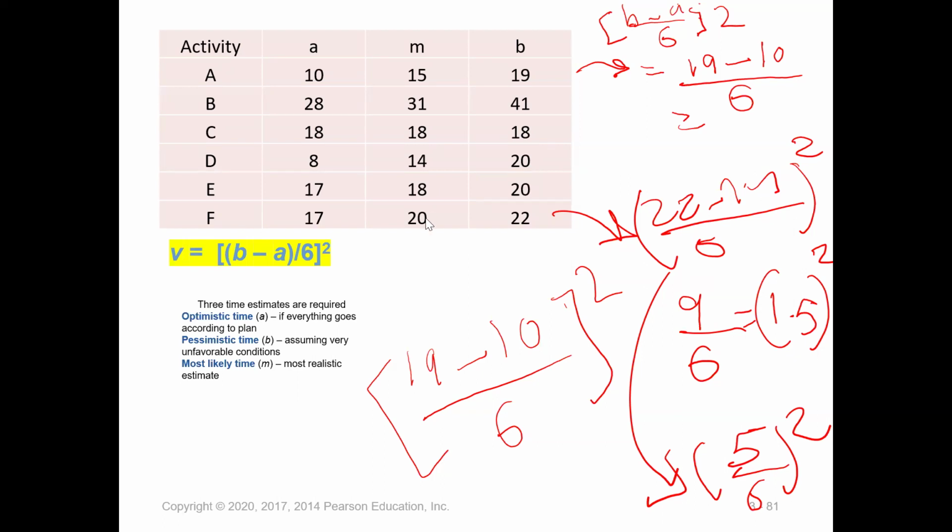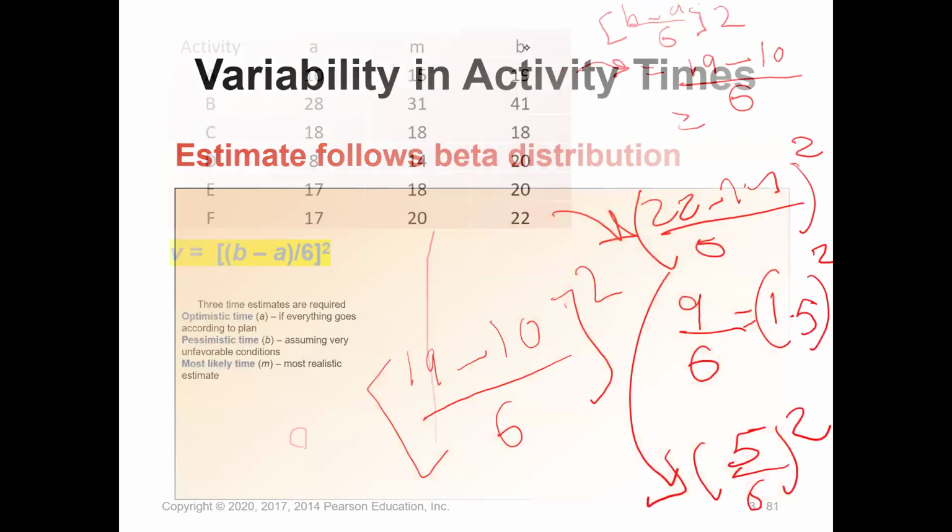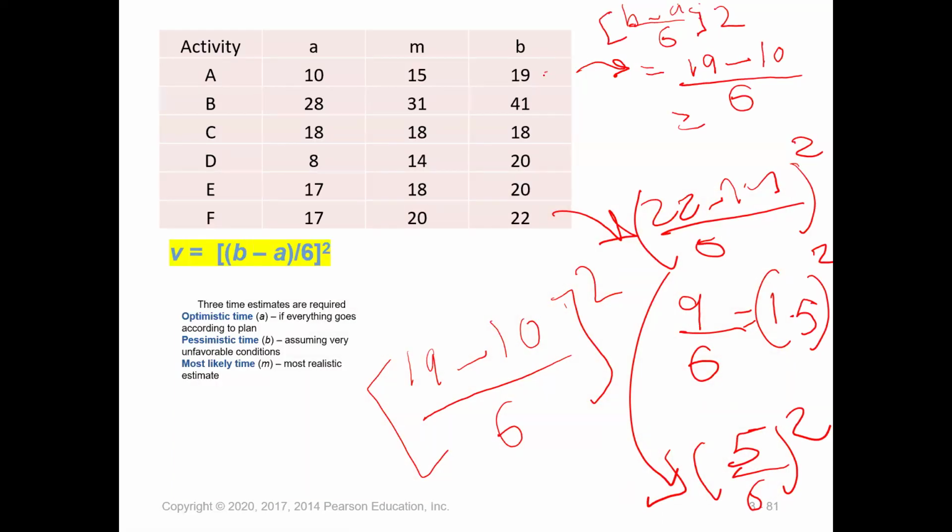As we know, the variance for activity A can be calculated using B, which is here, B, which is 19, minus A, 10.